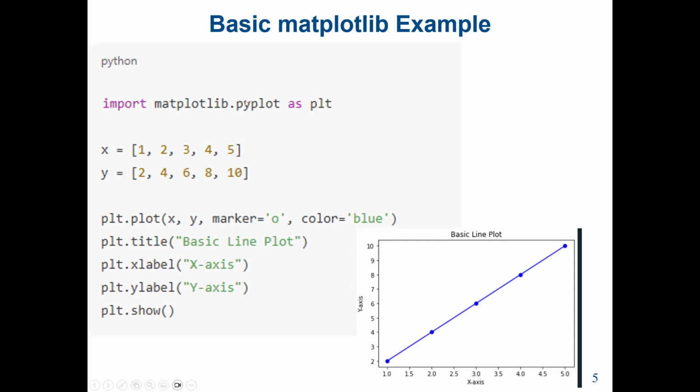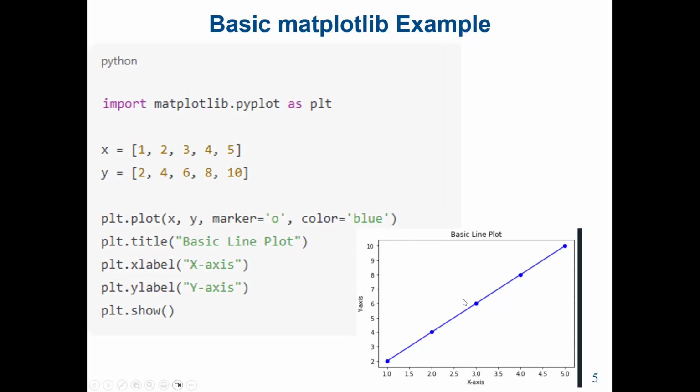So the first thing we do here, you can see that we change the name to an alias, plt. So if I want to use any function from matplotlib.pyplot, I will always refer to plt dot whatever I want to do. Here we have plt.plot. We are using the plot function. These are our arguments: first, we need X and Y. Our marker is o.